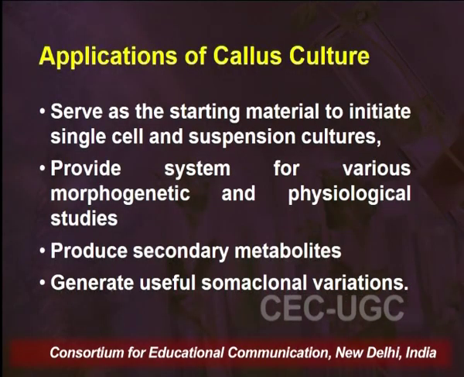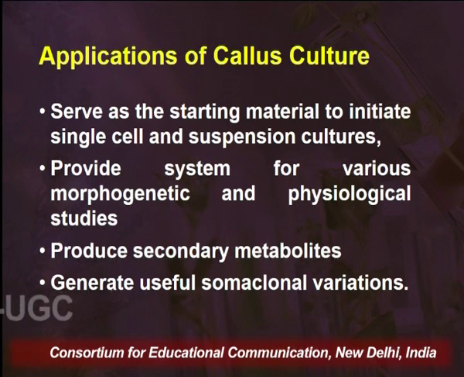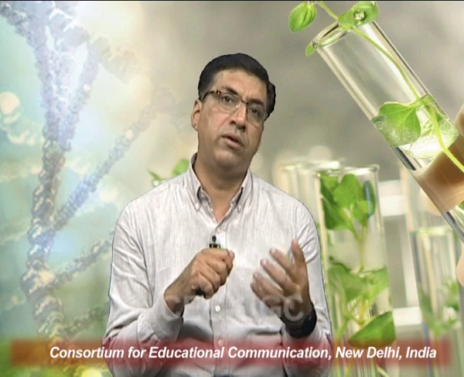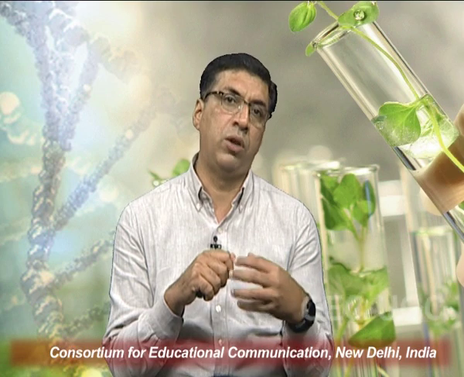Now callus also provides a system for various morphogenetic and physiological studies. We discussed that callus, again I repeat, is an undifferentiated mass of cells. Now if you want to differentiate that callus into different organs, we manipulate the hormonal composition, we manipulate the composition of our culture media. Once we manipulate the composition of the culture media, the morphogenesis in those undifferentiated cells gets initiated.